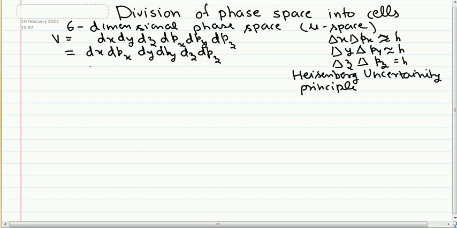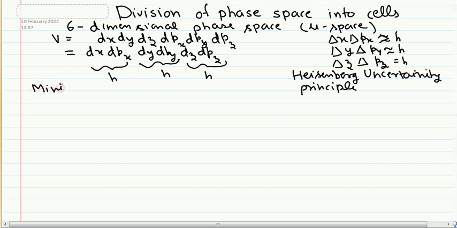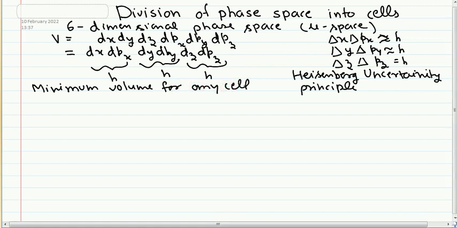All these are equal to h. So the minimum volume for any cell, or a cell with the minimum volume, has a volume equal to h cube. The minimum volume is h cube.